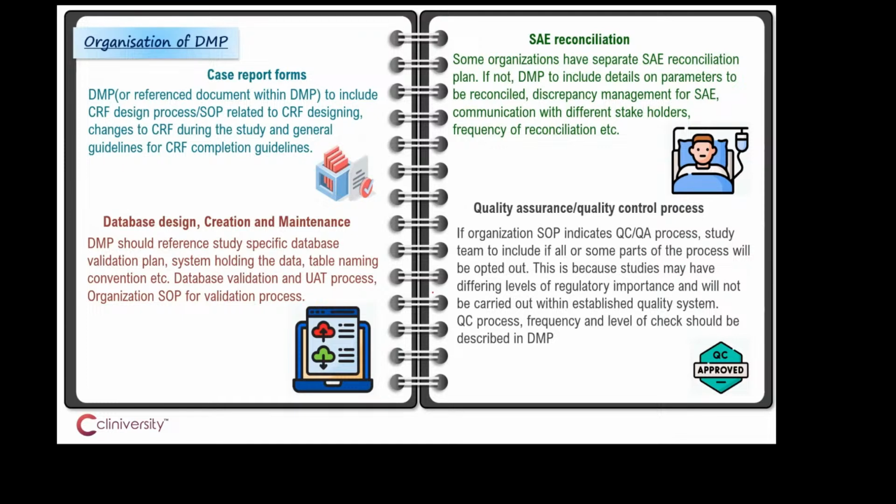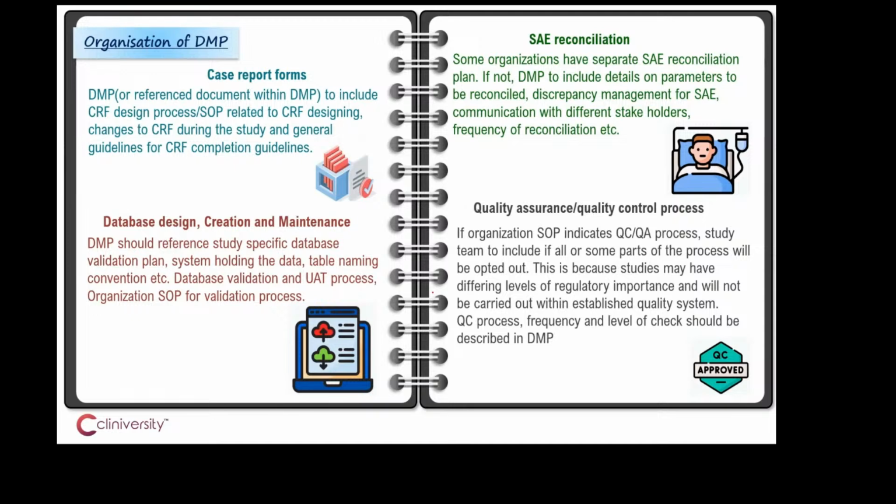It will also reference any SOPs to refer, or which teams are involved, what kind of approvals are required. Changes to the CRFs may also involve metadata changes. And again, this will be governed by certain SOPs of the organization. And those organization-specific trainings and SOPs should be referenced when these case report forms are upgraded.